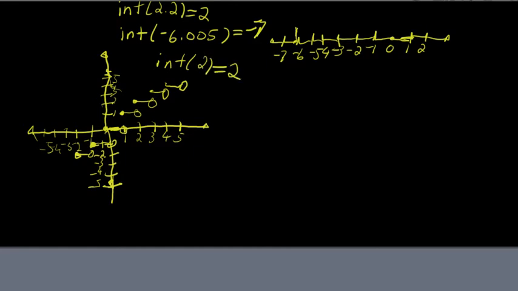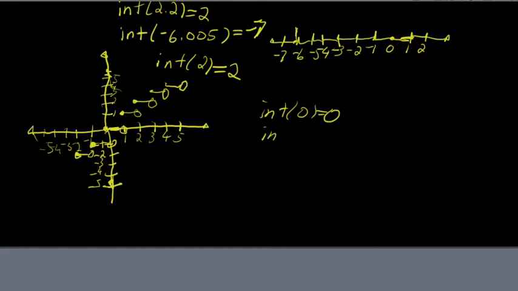Okay, so it's smaller than or equal to. So the greatest integer of 0, let's say you input 0 into this greatest integer function. Well, the greatest integer that's either equal to or smaller than 0 is 0, right?